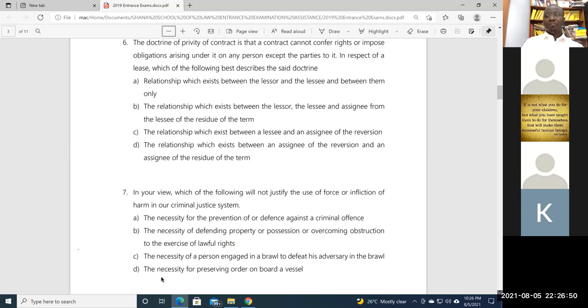And what that means practically is that the original lease between A and B, in terms of the rights and obligations created under it, will now apply to C, who is the assignee in terms of the assignment between B and C, so that C will assume the position of B, and whatever A could do under the head lease against B, he'll be able to do it against C, despite the fact that C was originally a stranger or not a party to the lease.